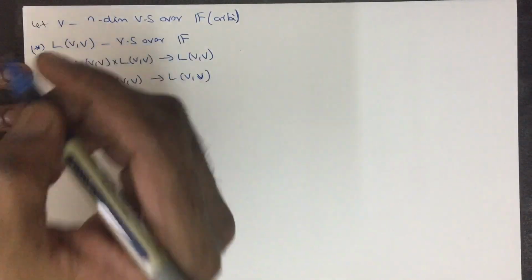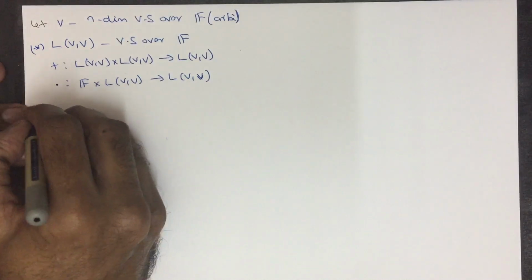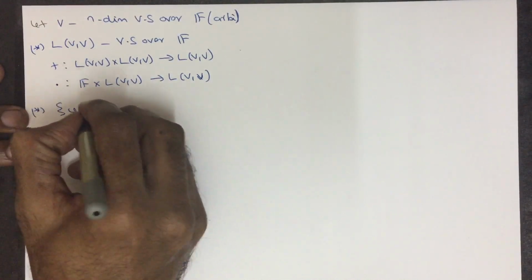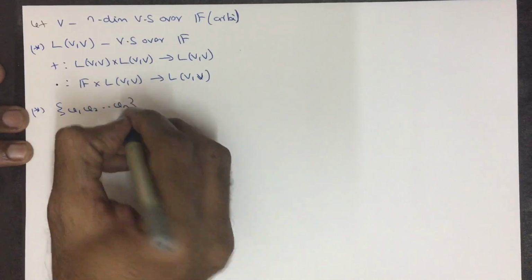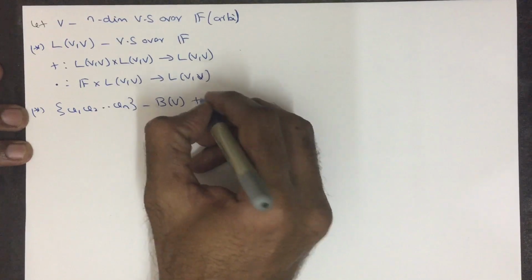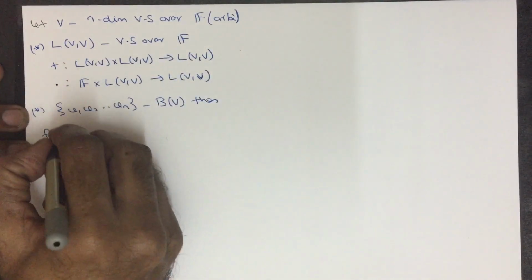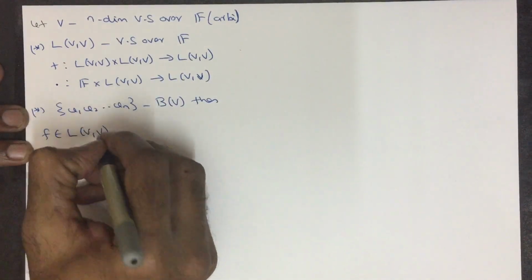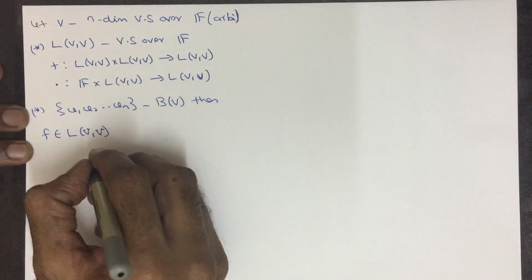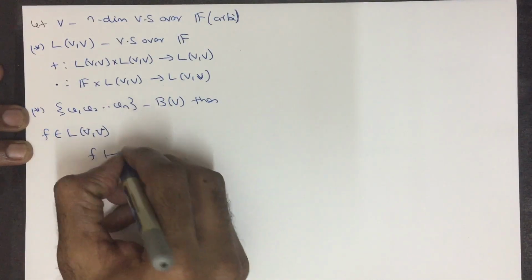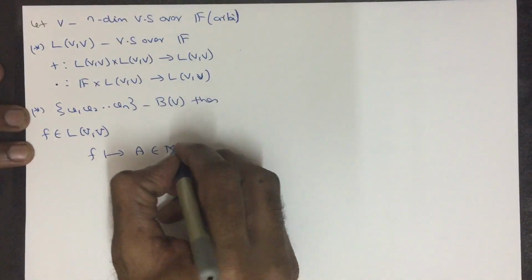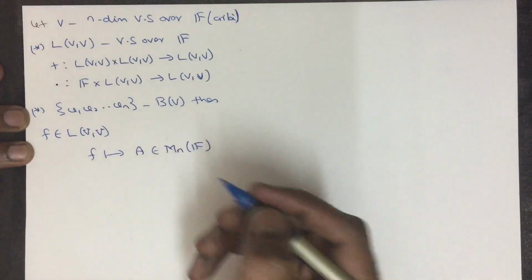So this is known. Similarly, we also know that once we fix a basis of V, let's say V1, V2, etc. up to Vn be any basis of V, then for any linear map f belonging to L of V comma V, there exists a matrix representation of this linear map coming from Mn of f.